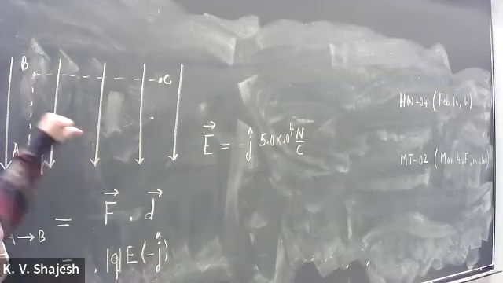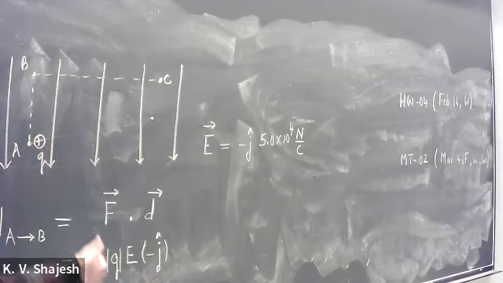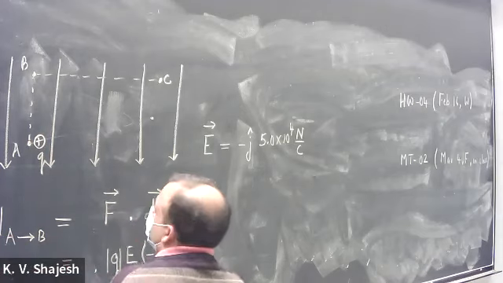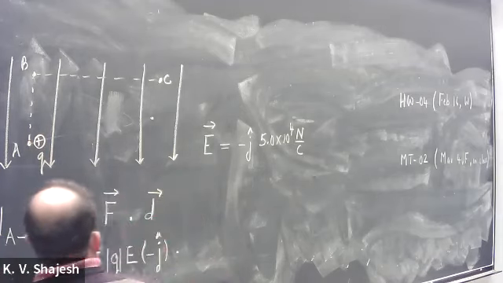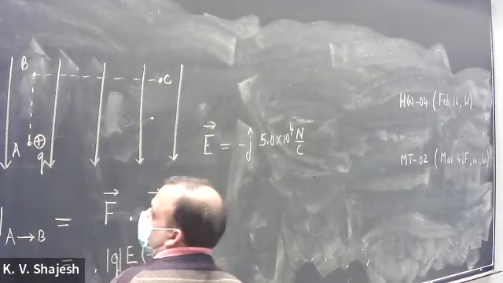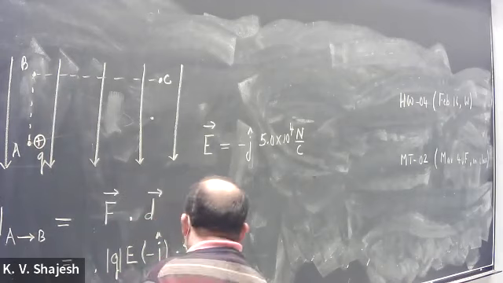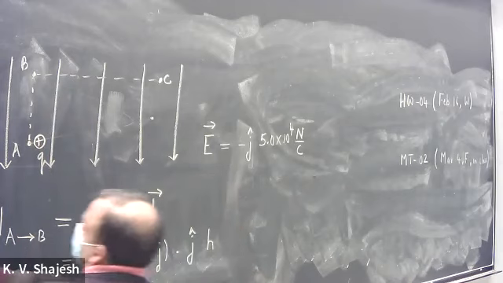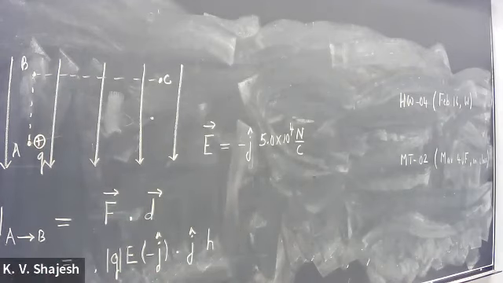So the force will be in the upward direction. So that will be plus j. Right? Whether it's positive or negative, think about the force and do that accordingly. The displacement, I said, is we are going straight up. So straight up would be plus j times, let's say, h. So that's your height, h.